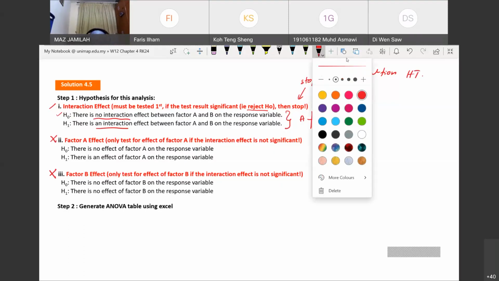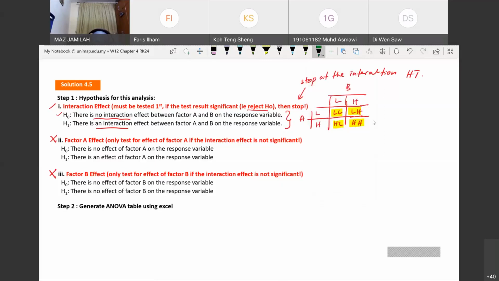So, class, only test for the effect of factor A if the interaction effect is not significant, meaning we fail to reject the null hypothesis.